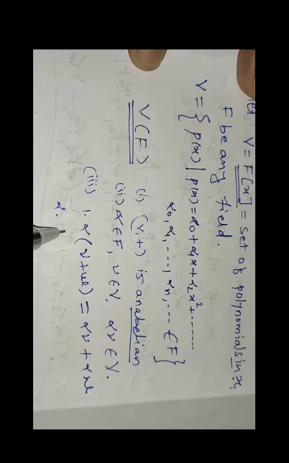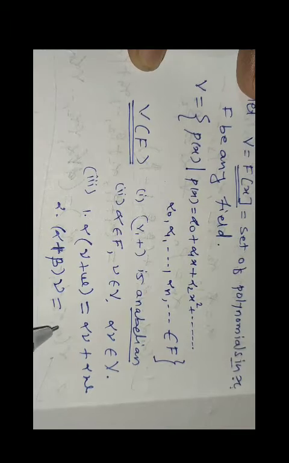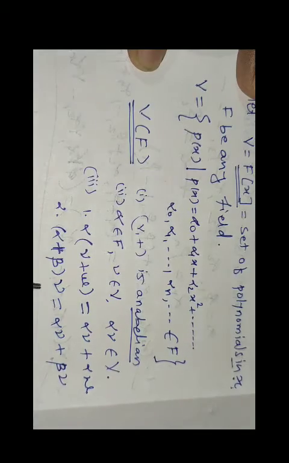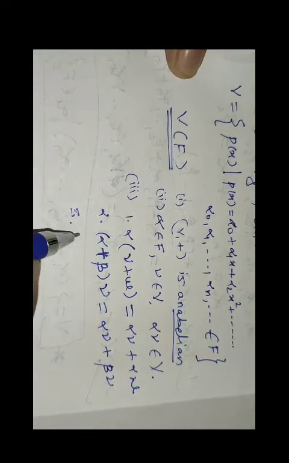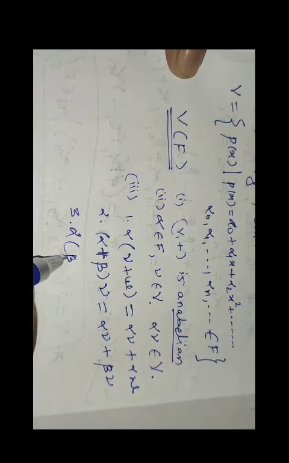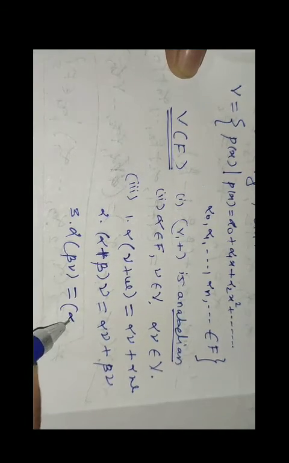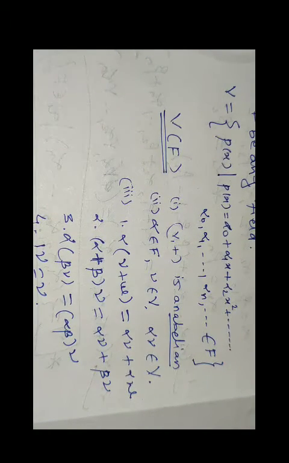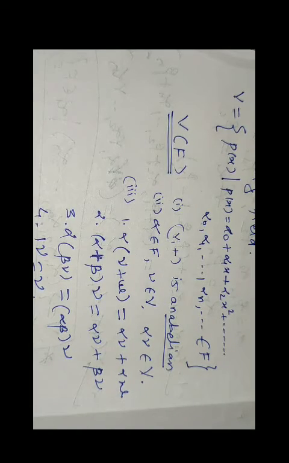Second property, alpha plus beta into nu, that is distributive, right distributive. Third property, alpha beta nu, that is associative, and 1 into nu is equal to nu. So remember these things. If any set is given and we have to show that that set is a vector space, then what do we have to do?